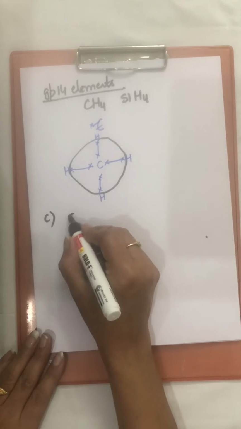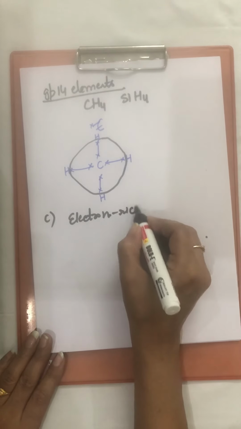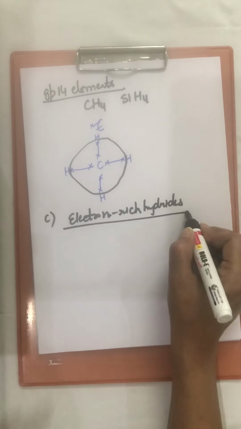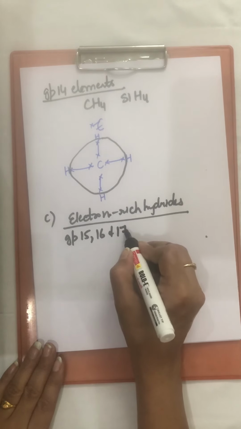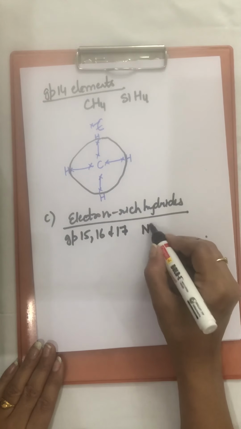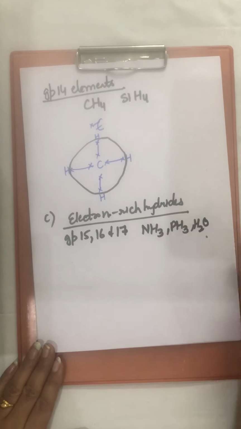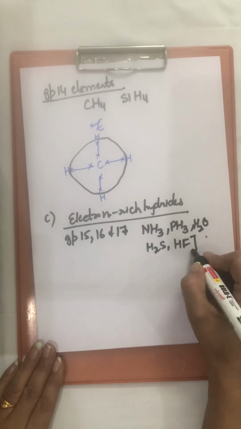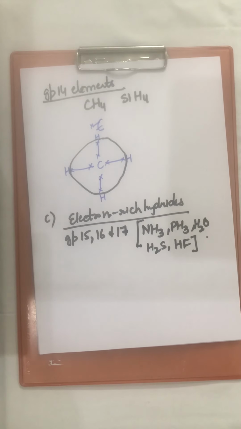Third type is electron rich hydride. These are formed by group 15, 16 and 17 elements, like ammonia, phosphine, water, for example H2S, HF. These are electron rich hydrides. They have more electrons than required to form normal covalent bonds.